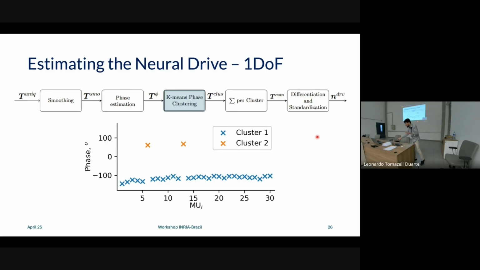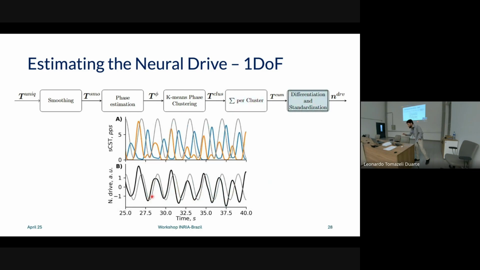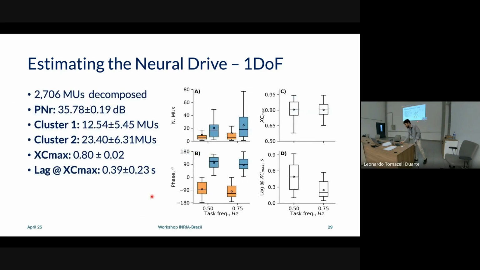And these two clusters were used to group motor units that are in these two groups. And then we use this information from neurons of cluster 1 and cluster 2 to estimate the single degree of freedom signal correlated to the motor signal or motor task.